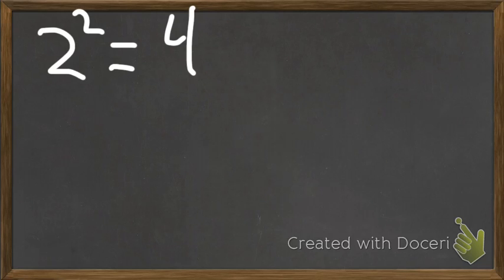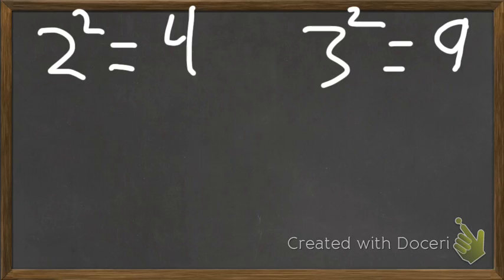Do we think that it's going to be closer to 2 or closer to 3? 2 squared equals 4. 3 squared equals 9. But we're looking for the number 6. So 4 is 2 away from 6, and 6 is 3 away from 9. So it's not going to be exactly halfway between 2 and 3.